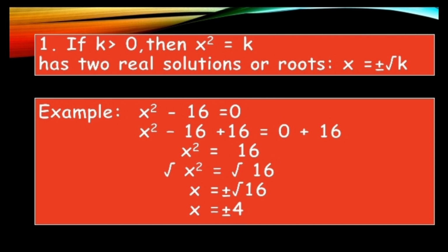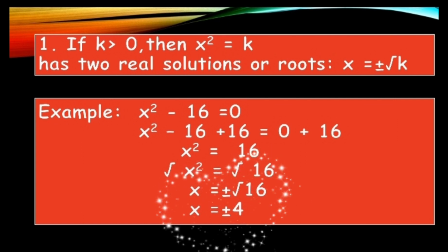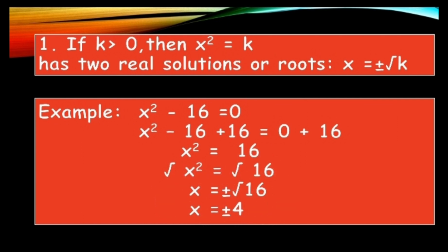So, pagkatapos mo na siyang i-square root, automatic na ang opposite ng squared ay square root, so maka-cancel out na yon. So, ang matitira mo ngayon ay x is equal to positive and negative square root of 16. So, iisip ka ulit ng number na pag minultiply mo ay magiging 16. Ano ba yon? So, syempre, x is equal to positive and negative 4.